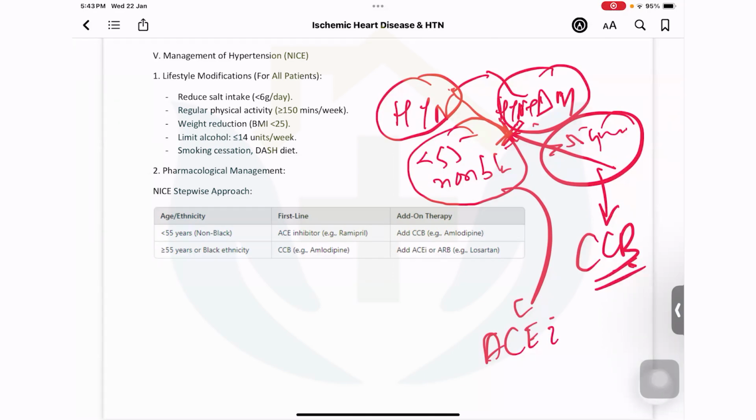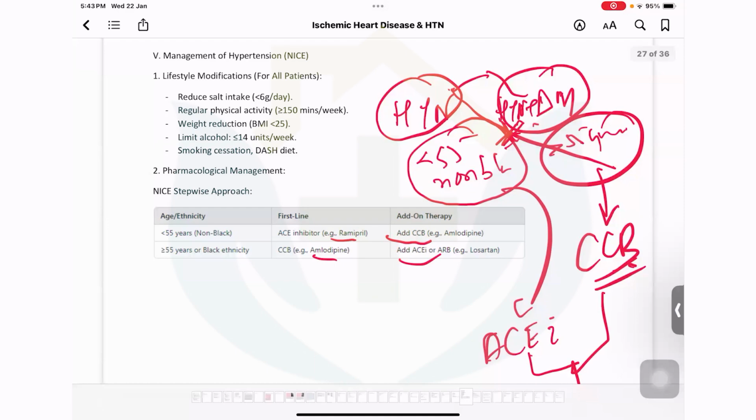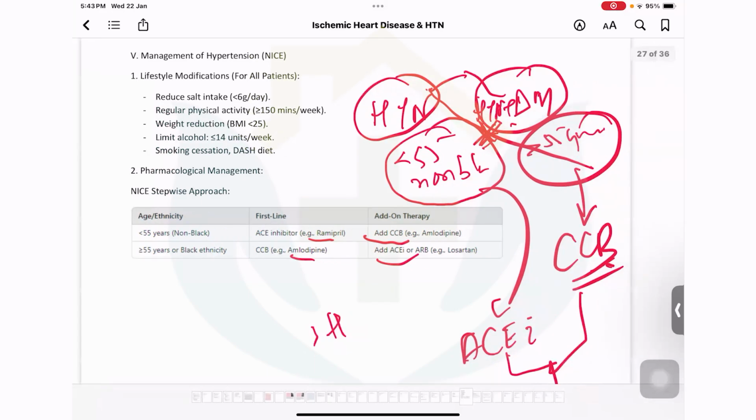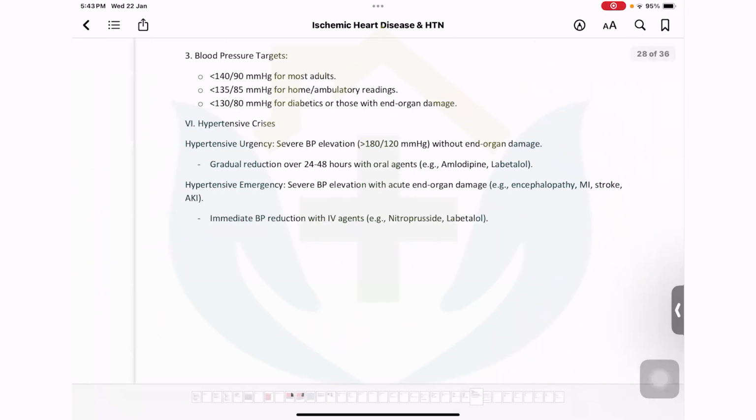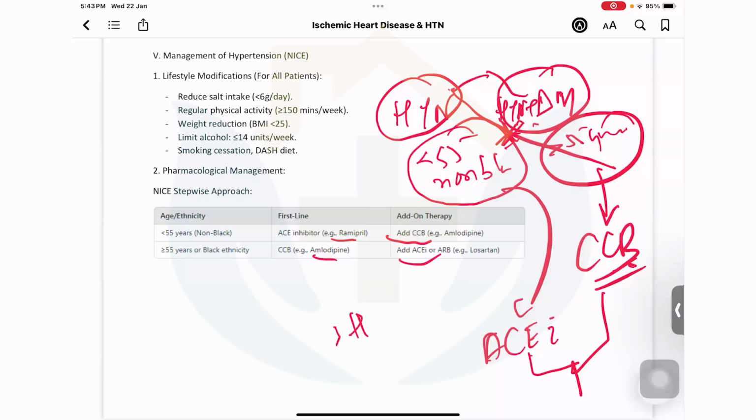If you are unable to control the blood pressure, just combine them together. So for ACE inhibitor, add a CCB. For CCB, add an ACE inhibitor. Then comes the third drug. The third drug is hydrochlorothiazide or thiazide-like diuretics, and the fourth drug is to add spironolactone if potassium is less than 4.5.